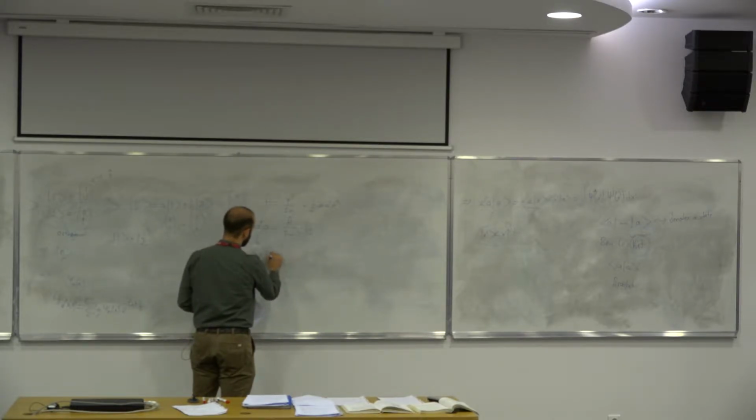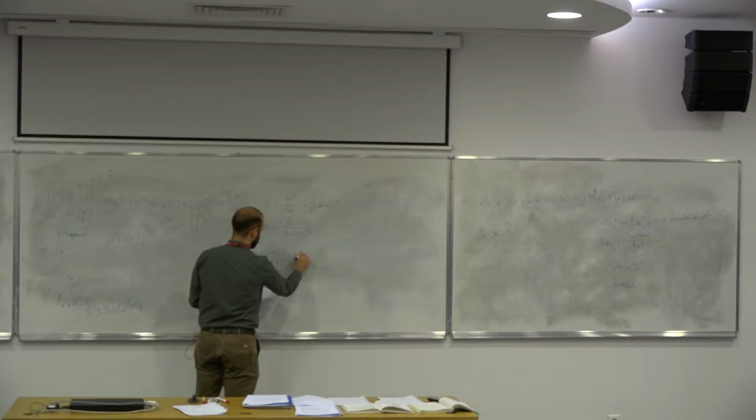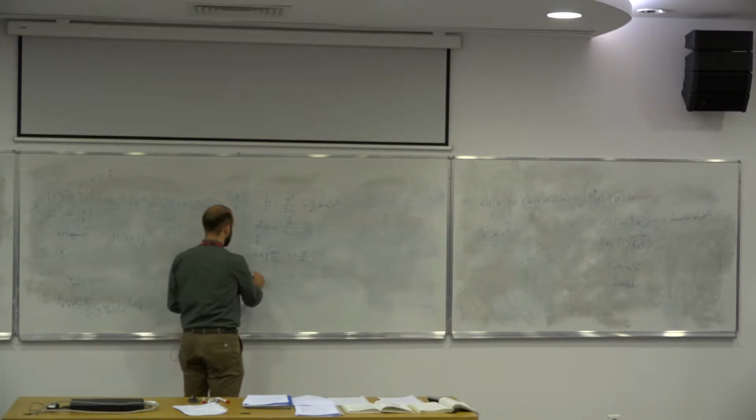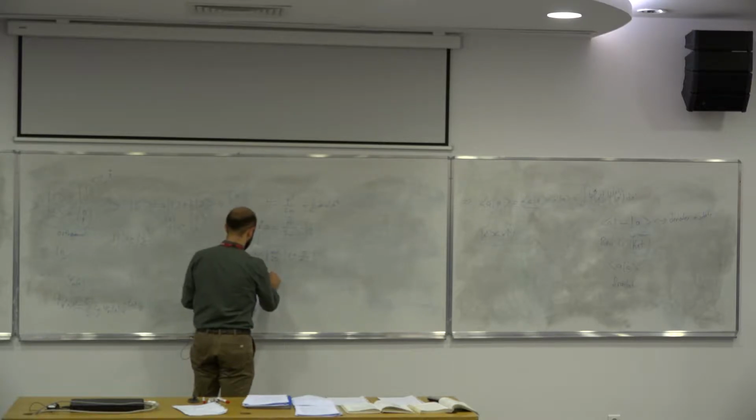And these operators will be something like this. I have the square root of m omega divided by 2h bar, times x plus ip divided by m omega. For its complex conjugate, it's quite simple.